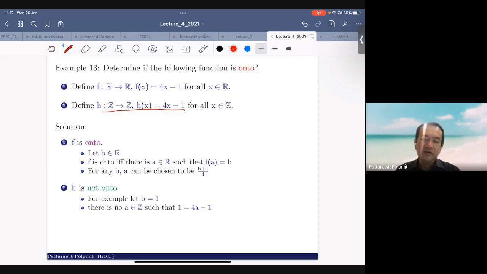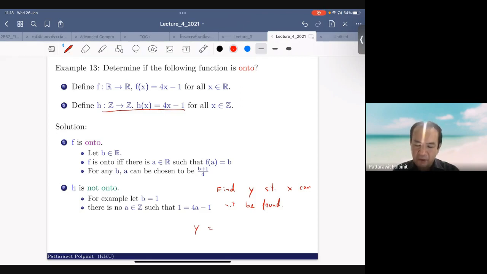So the first thing you should always do is try to find an example to make it not onto function. So you have to find the value y such that it cannot be found.